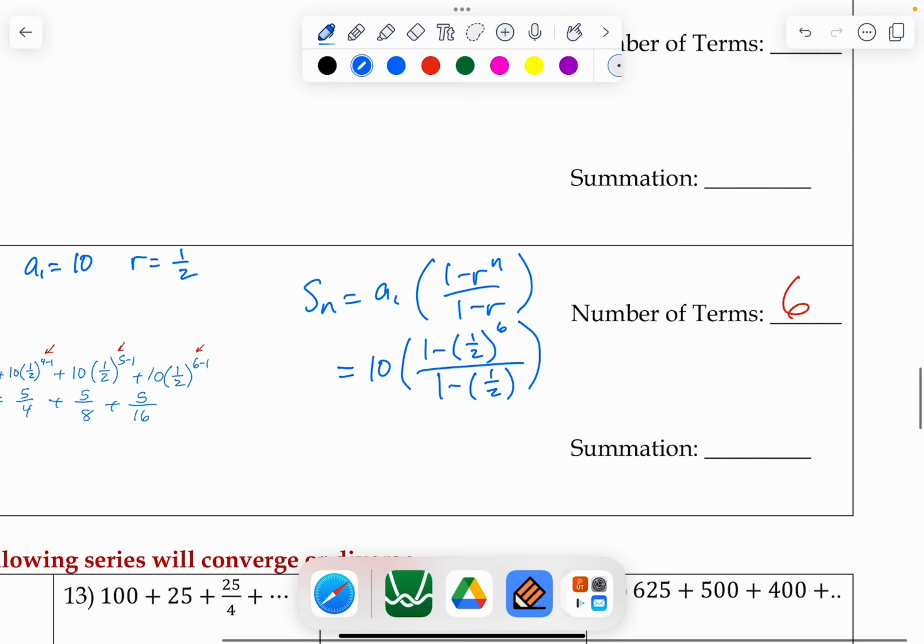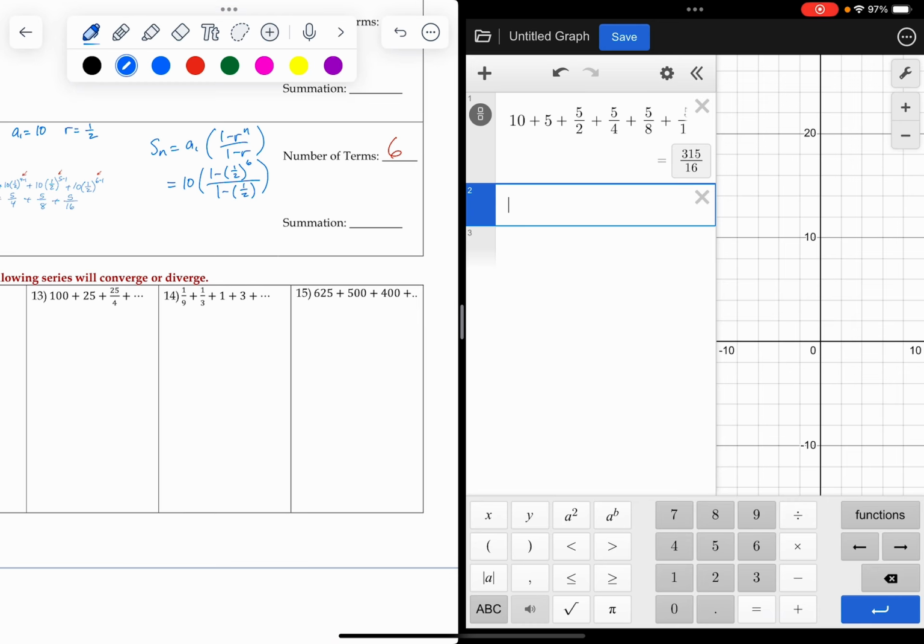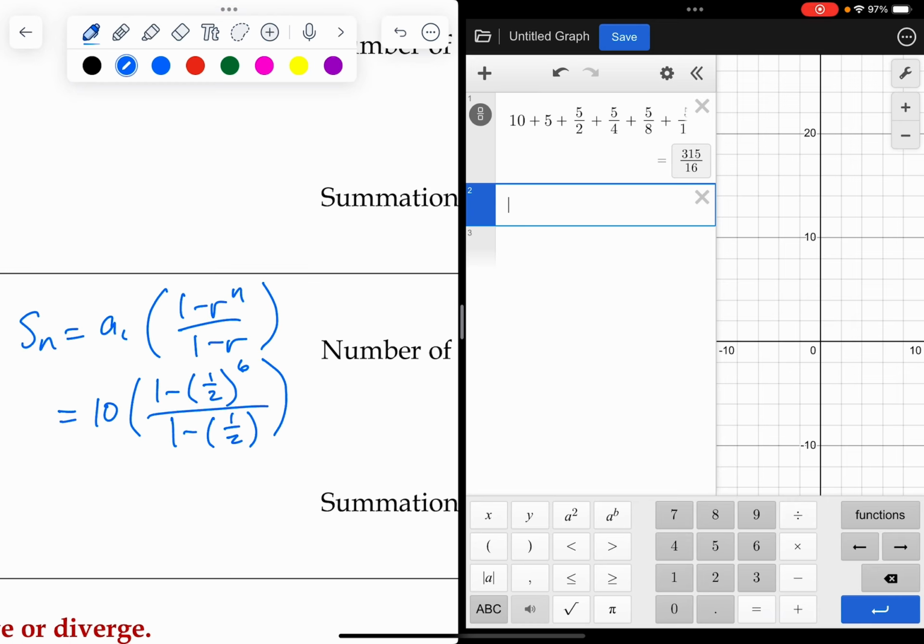So let's pull up Desmos again. Come back, Desmos. Let's see if this gives me the same thing. 10 times, I'm going to make the fraction 1. I need to divide, so then this is 1 minus, well, 1/2 or 0.5. Okay, so coming up here, minus 0.5 to the 6th power.